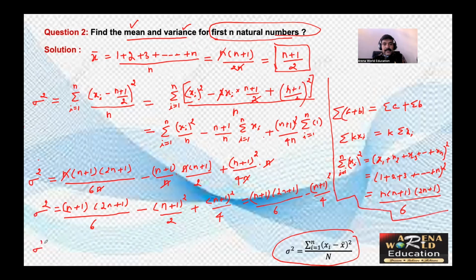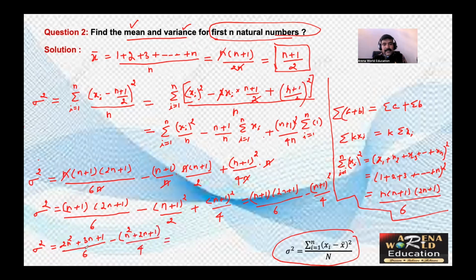Now variance is equal to what? If we multiply (n+1) into (2n+1), we will get 2n square plus 3n plus 1 divided by 6. And second term will be, yes, n square plus 2n plus 1 divided by 4.